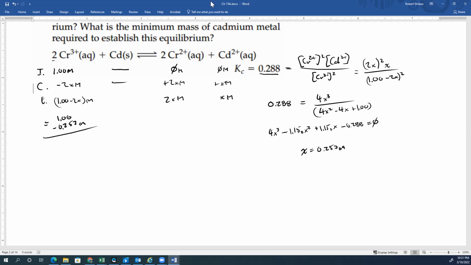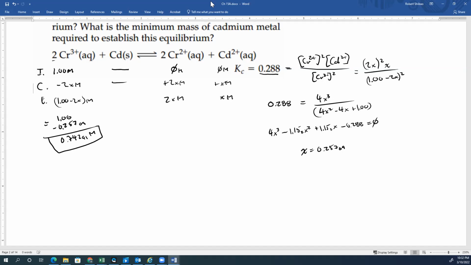And so what is that? I don't want to do it in my head, so I'm just going to do 1 minus 0.25709. I get 0.74291 molar. We're allowed how many sig figs? Three sig figs.